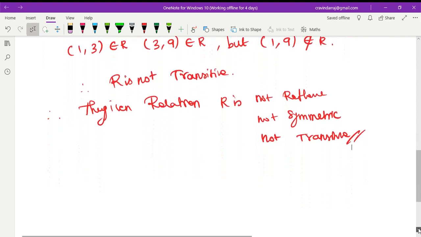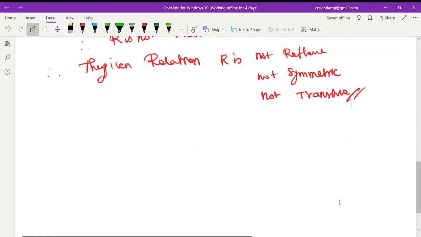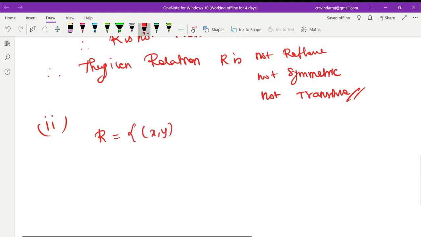Then we go to the second subdivision: relation R in the set of all natural numbers N, defined as R equal to {(x, y): y equal to x plus 5 and x less than 4}.